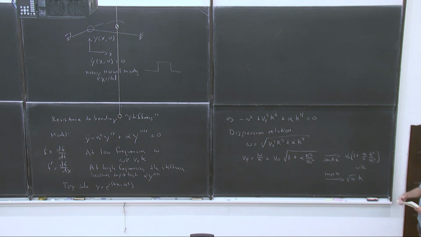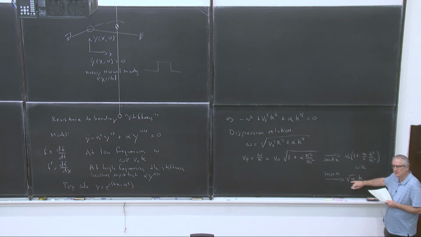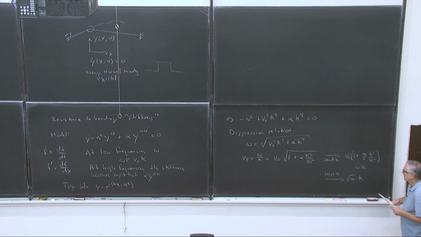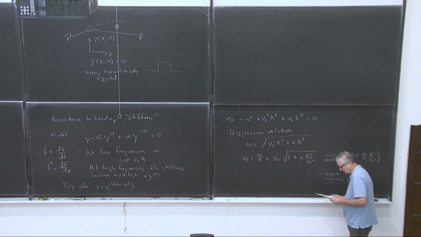I could express k in terms of omega too if I wanted to, but we see that v phase is now dependent on the wave number and hence dependent on the frequency. And in this case, it gets bigger as k gets bigger, as the frequency goes up.